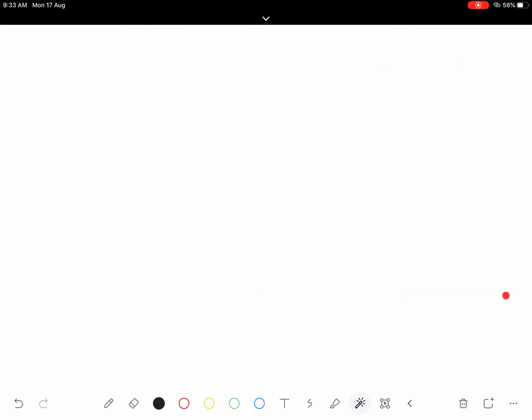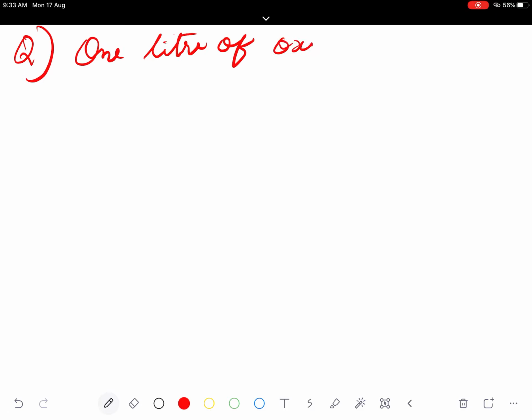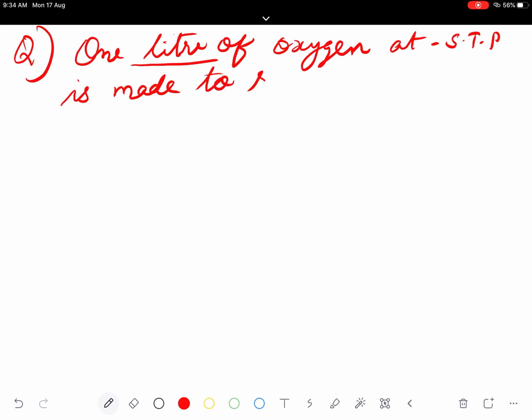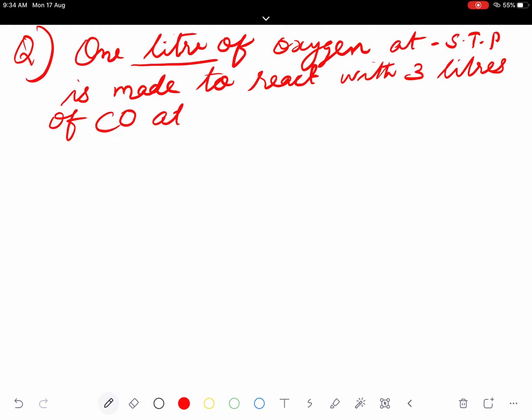Next question. Question: 1 liter of oxygen at STP, that means talking in terms of volume. 1 liter of oxygen, liter means volume, at STP is made to react with 3 liters of CO at STP.